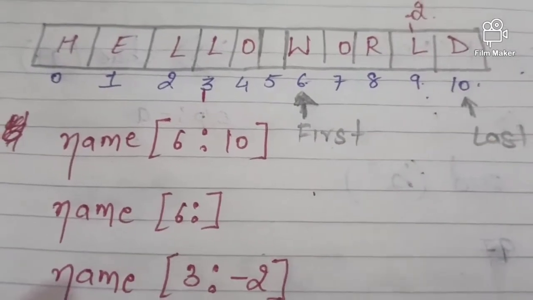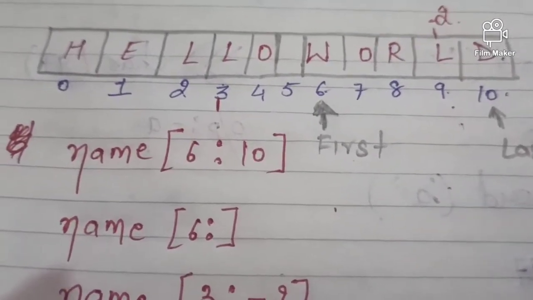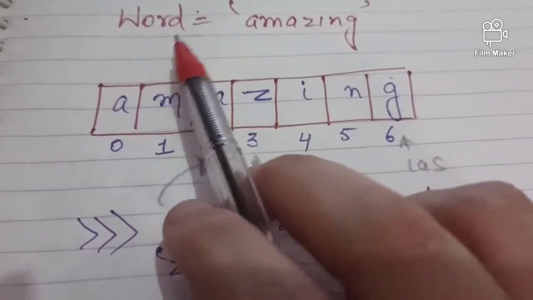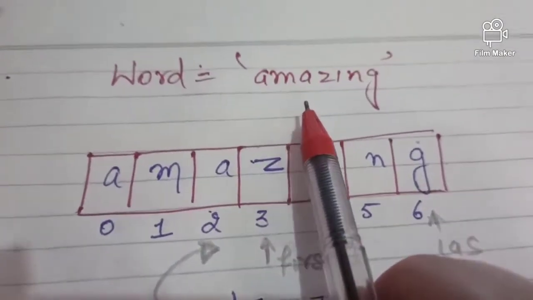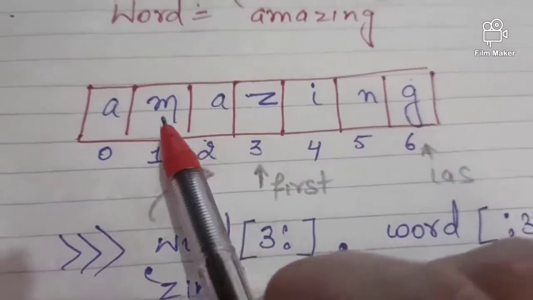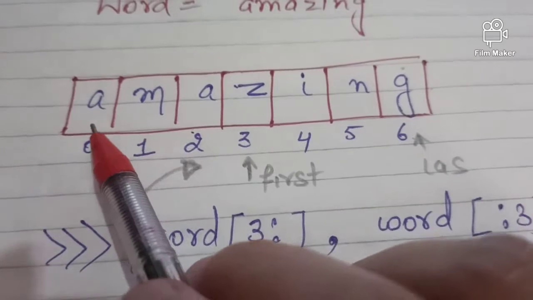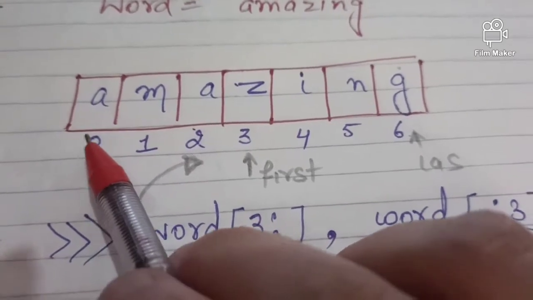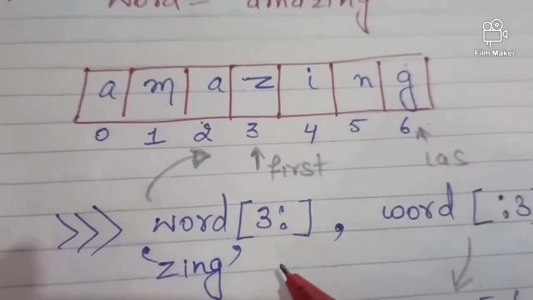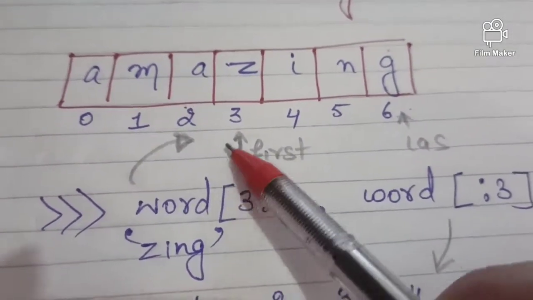I'll take one more example to make it more clear. Yes, suppose here I've taken a variable name, that is word, and it stores the value of string type, that is amazing. So first of all let me put the word amazing inside these boxes, and then after that I have done the indexing 0 1 2 3 4 5 6. Okay, now the first is word 3 colon. 3 means starting.